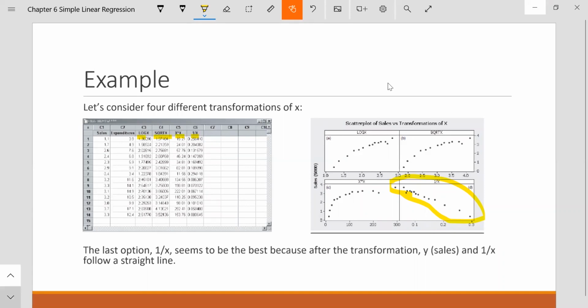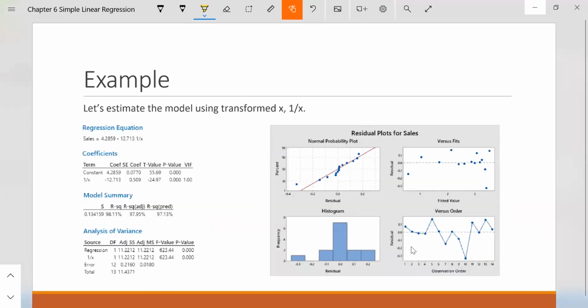So here you see the same results from Minitab. Let's go through the results in more detail and see what we can find. First of all, here's the regression equation. Sales is equal to 4.28 minus 12.7 times 1 over x. And notice that this slope coefficient is negative. Does that make sense? We need to ask.